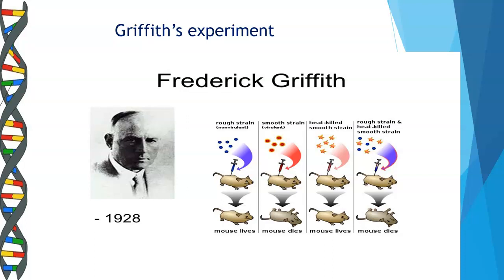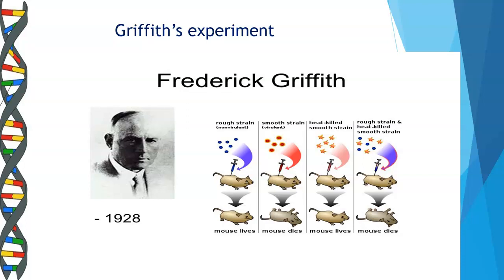The two strains that he used were, first, a virulent strain. It was smooth, pathogenic, and encapsulated, and was called the S type, or the smooth type. Virulent, students, is that particular organism which is capable of giving you disease.